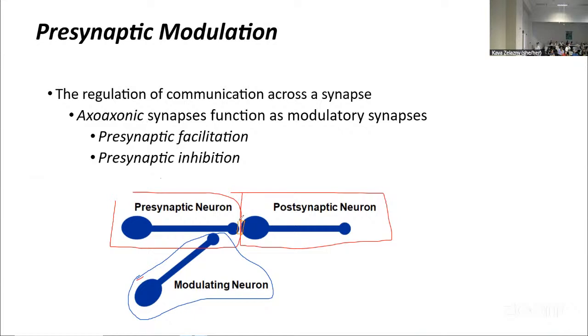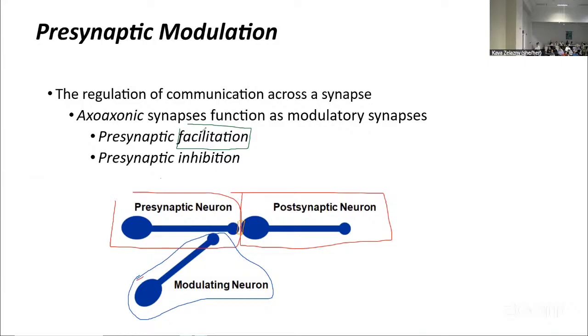So when we think modulating, we should be thinking about changing the effect, right? So we have two directions we can change the effect of that presynaptic neuron in. We can either facilitate, right? So presynaptic facilitation is going to cause more release of neurotransmitter.